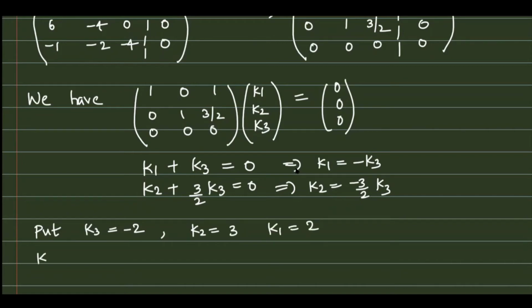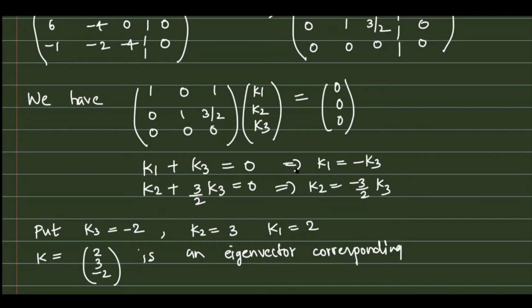So we get the eigenvector K equal to 2, 3, minus 2, corresponding to the eigenvalue lambda equal to 3. So in this way we can find all the eigenvalues and eigenvectors.